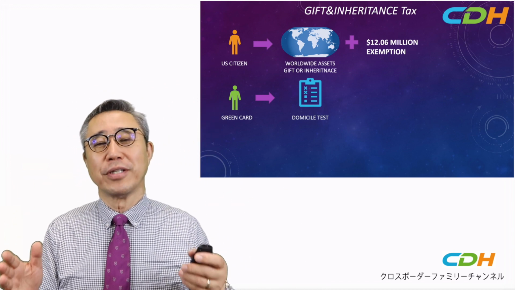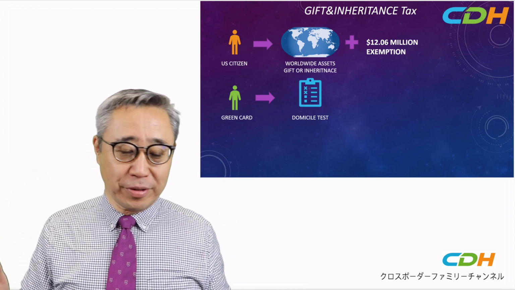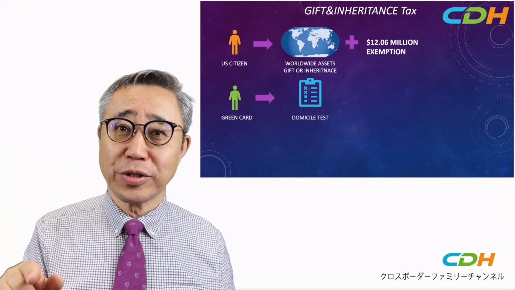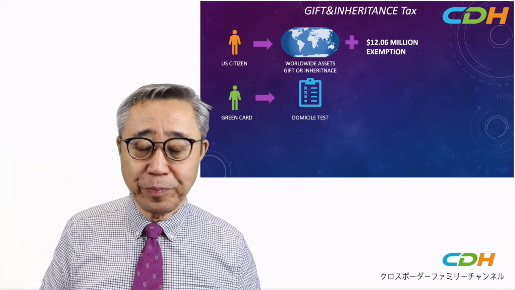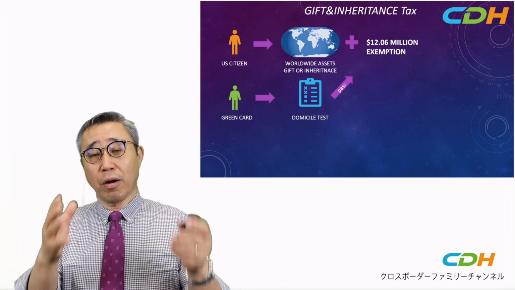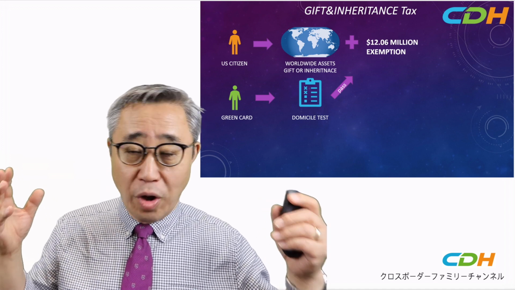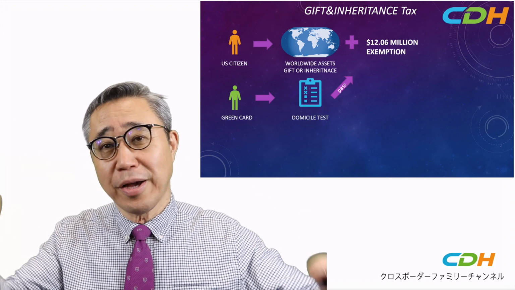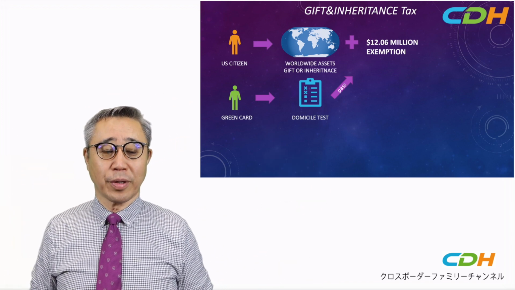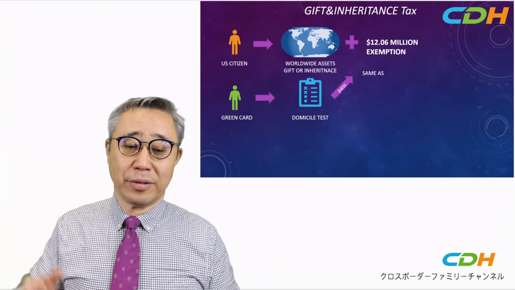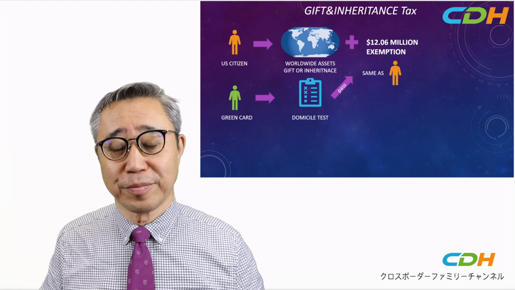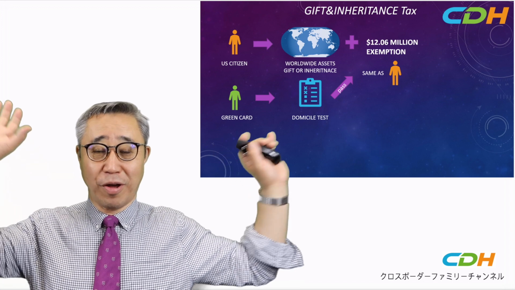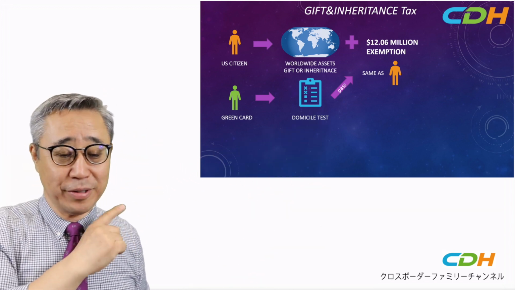Okay, well, this is a judgment. Are you domiciled in the US or are you not domiciled? Okay, if you are domiciled, if you domicile in the United States, you are same as the US citizen. That I just explained, right? The top part of that slide. Okay.